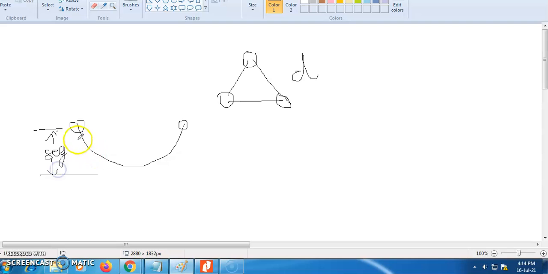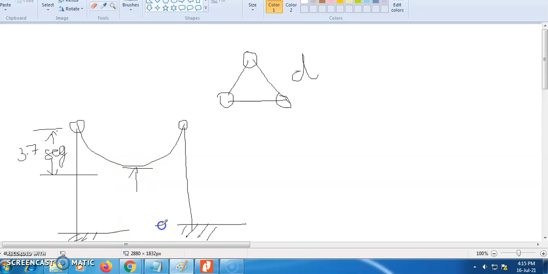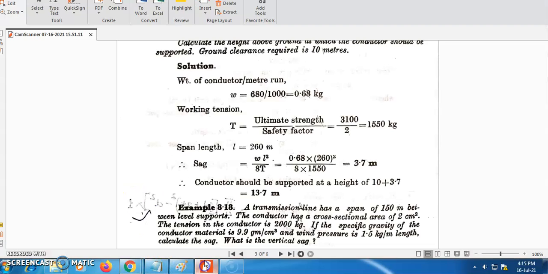Now the question is, from above the ground, what tower height do you require for this setup? This is your 3.7. You need a ground clearance of 10 meters. So you need a total of 10 plus 3.7, 13.7 meters. So this is the very basic example on the sag.